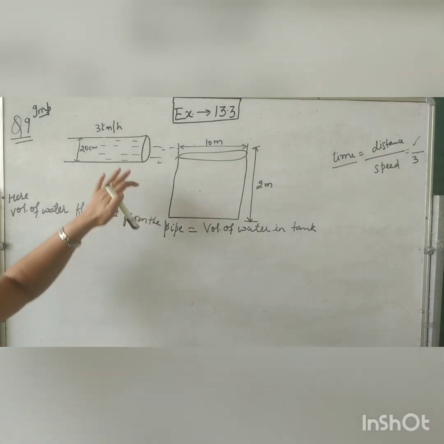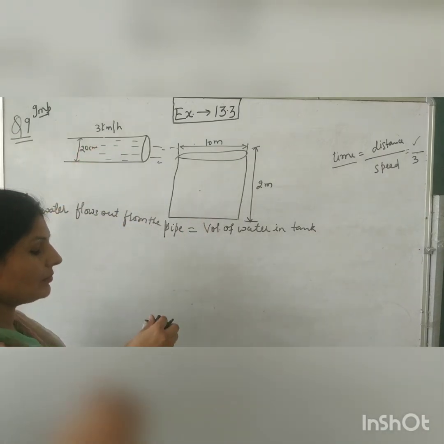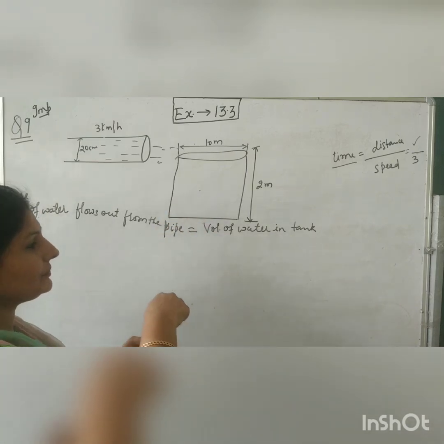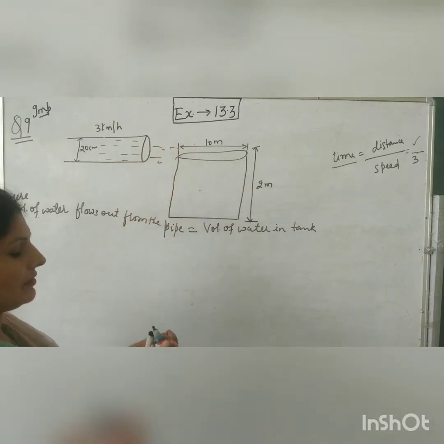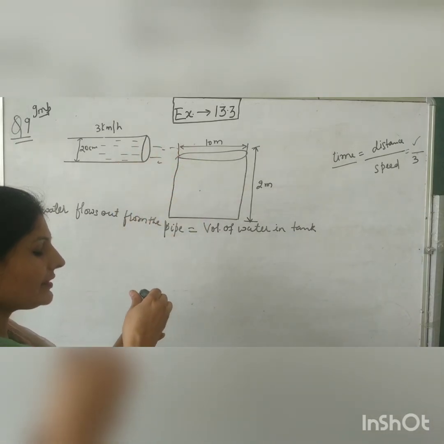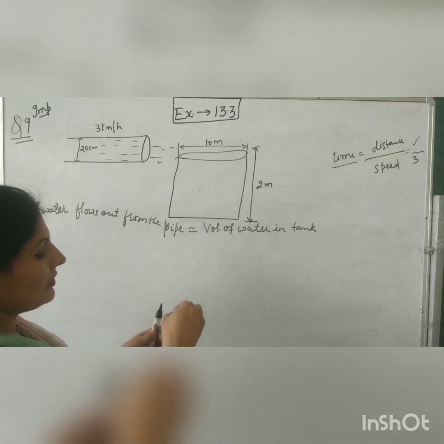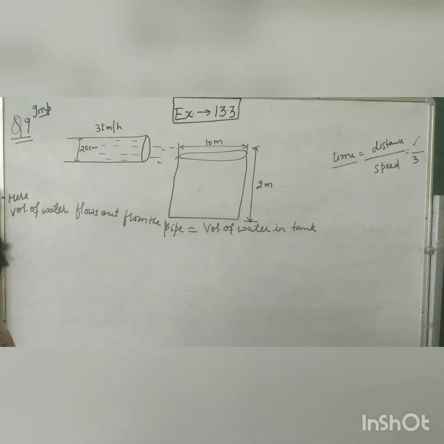Volume of water that flows from this pipe, that would be equal to volume of this tank, because we have to fill this tank ना, हमें ये tank fill करना है इस पाइप की हेल्प से, और हमें टाइम बताना है कि कितनी देर में फिल हो जाएगा. ओके? ये भी सिलेंडर है, ये भी सिलेंडर है, दोनों का वॉल्यूम इक्वल हो जाएगा.